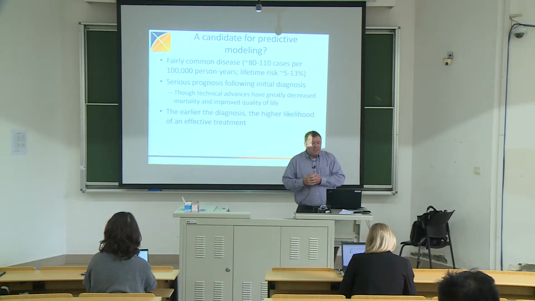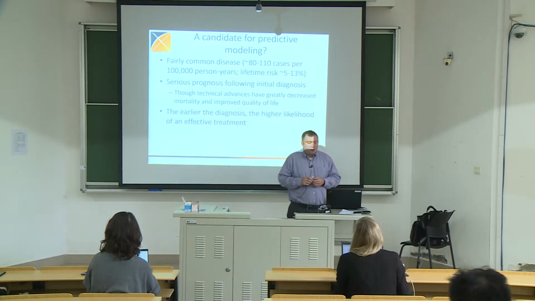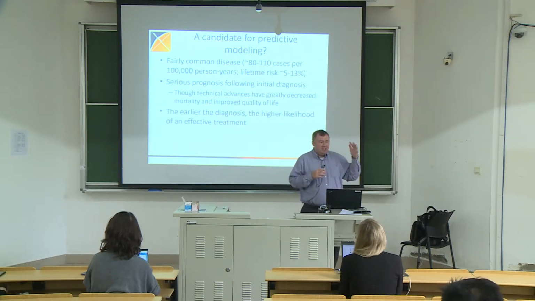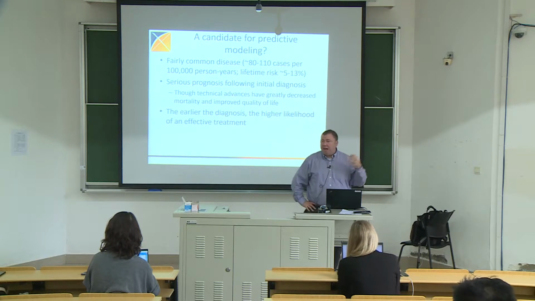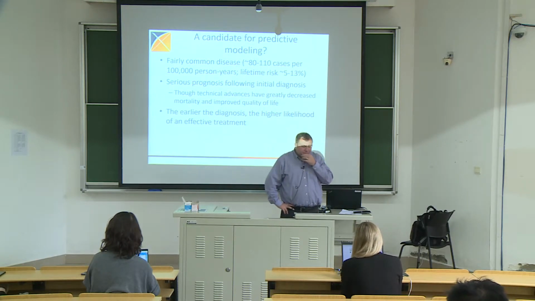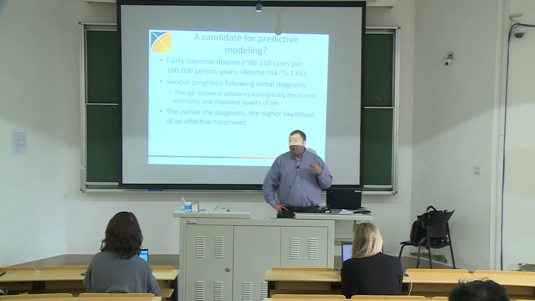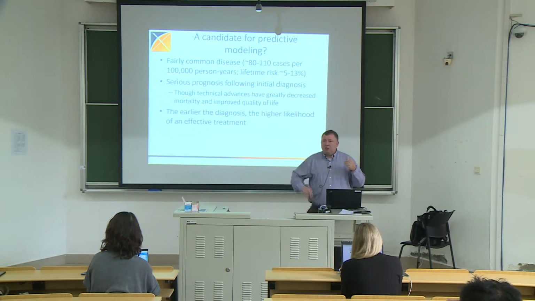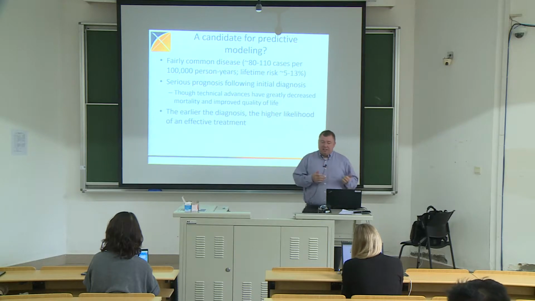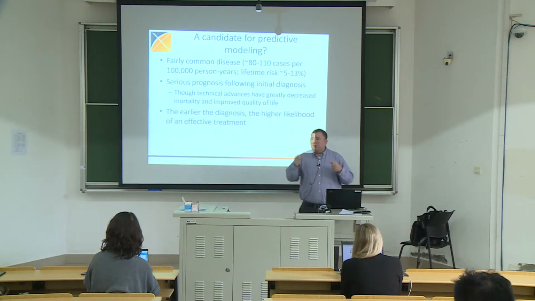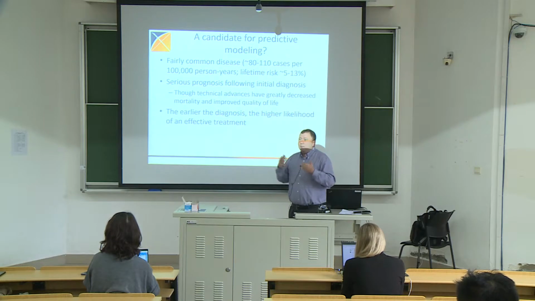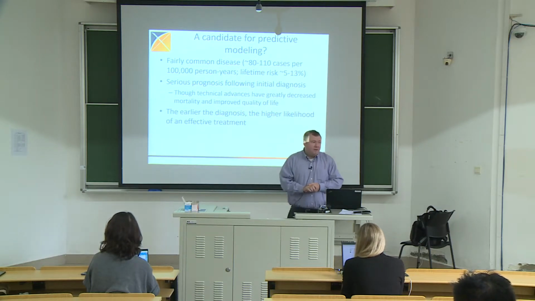However, recent technologies have advanced so that we have at least decreased the chance that you will die due to this disease over time. But the reason why there might be value in doing prediction is because the earlier you can find the disease, the higher the likelihood is that any treatment you would use would be effective.